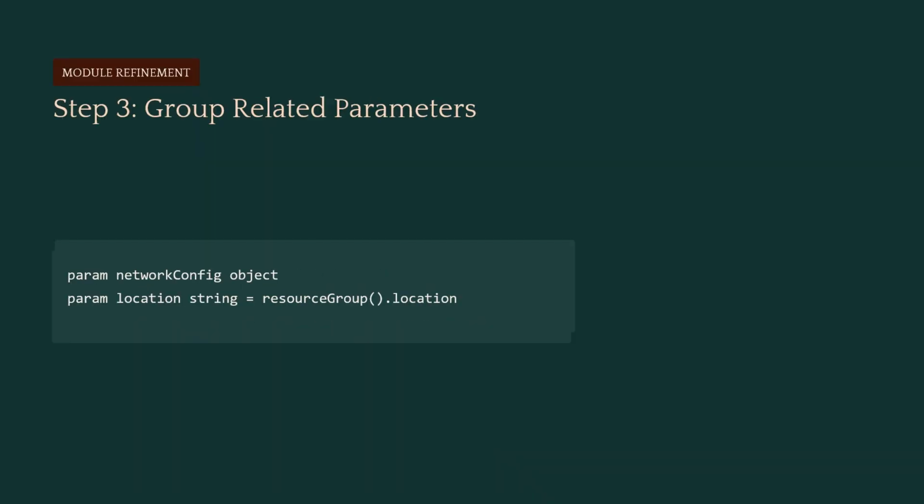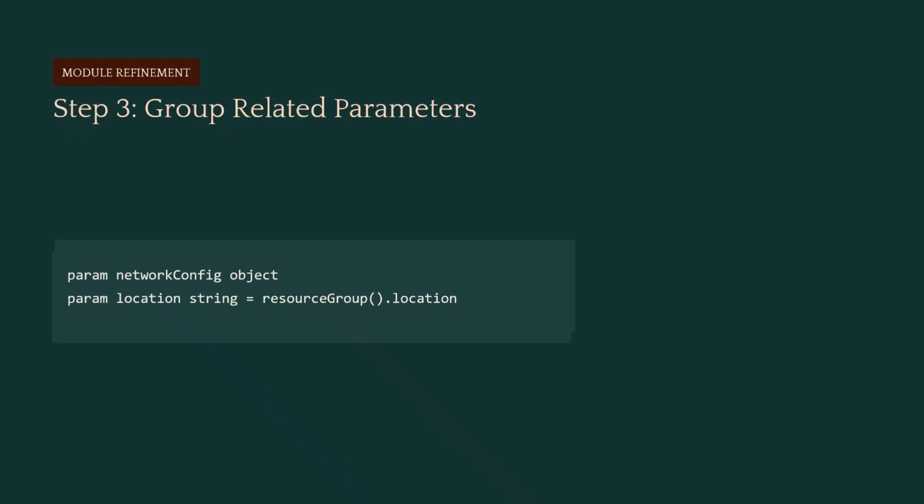Having many individual parameters can quickly become untidy and reduce readability. To streamline our module further, we can group related parameters into a single object.